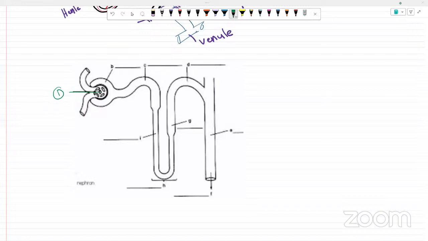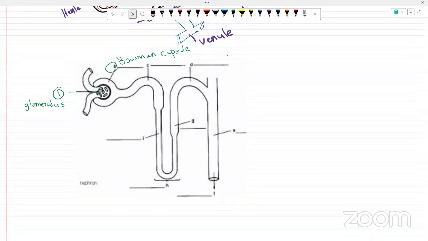Okay, so here is the glomerulus. What about this part B? What is the name of that part B? Okay, Bowman capsule. Yes, Bowman capsule.